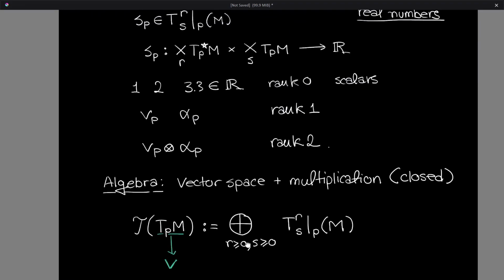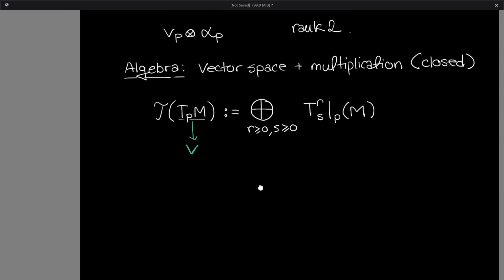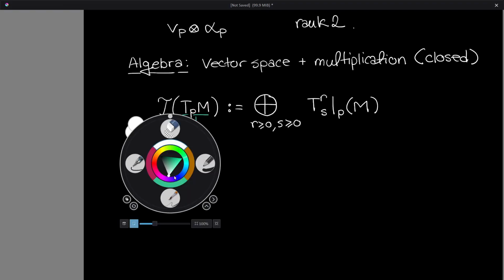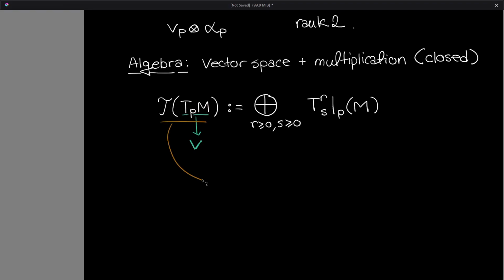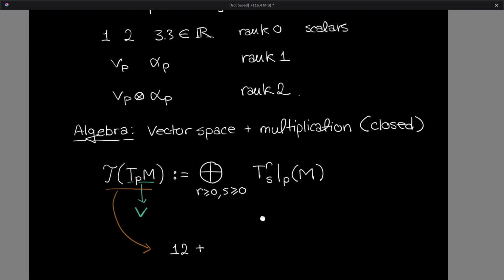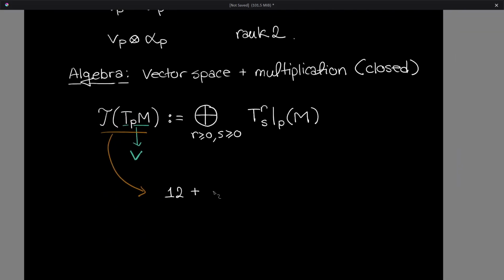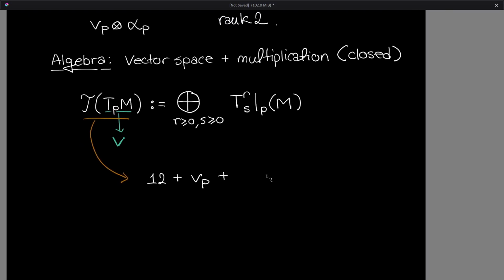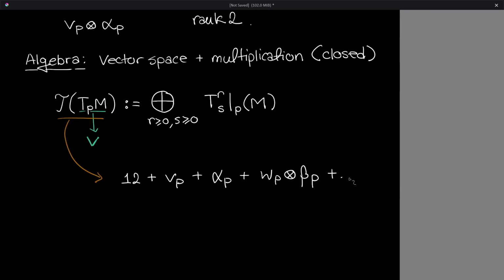So what does this mean, right? This means what if we could combine the different rank tensors? An element of this space would look like this. Let's say we had a real number, which would be the 0th rank. So 12 plus VP plus alpha P plus, let's say, WP tensor beta P and so forth.